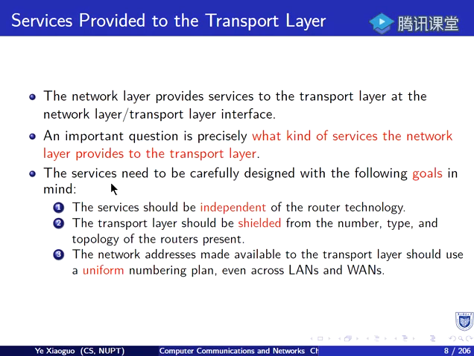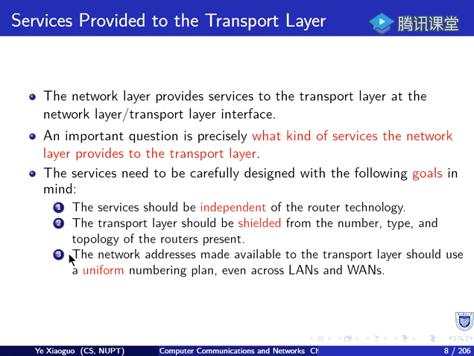The services need to be carefully designed with the following goals in mind. The services should be independent of the router technology. The transport layer should be shielded from the number, type, and topology of the routers present.